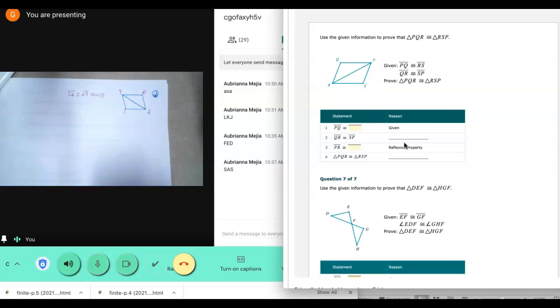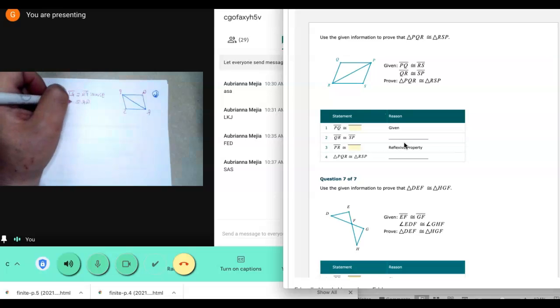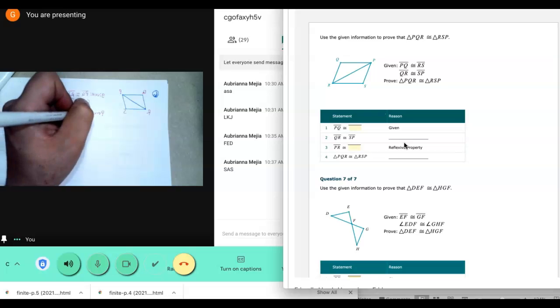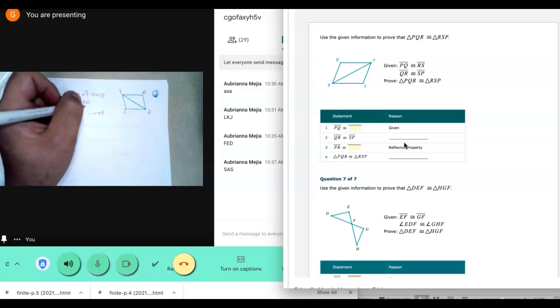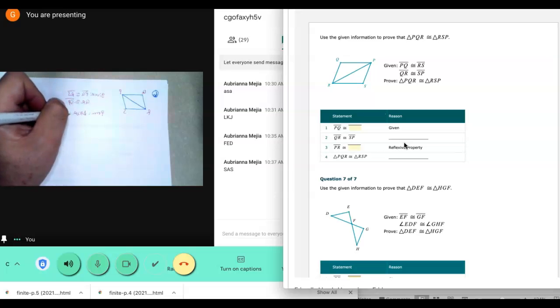Remember, that just means they're the same length. And QR is congruent to SP. And I'm trying to prove that triangle PQR is congruent to triangle RSP.